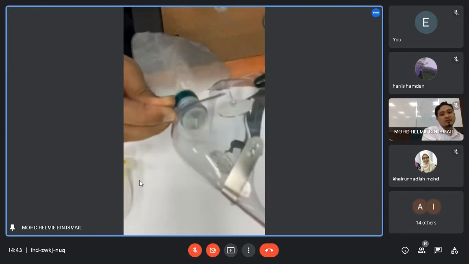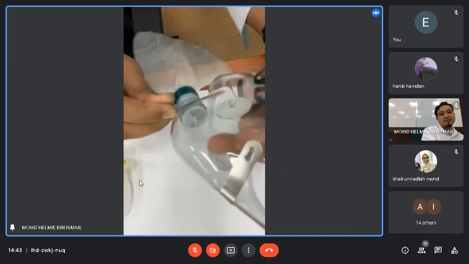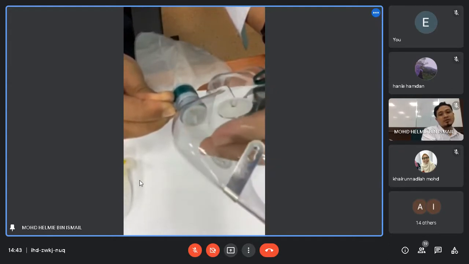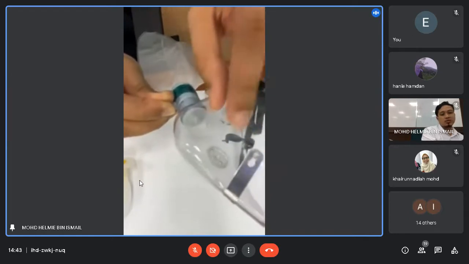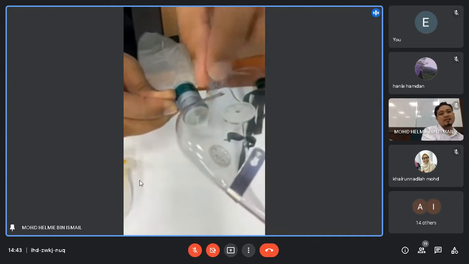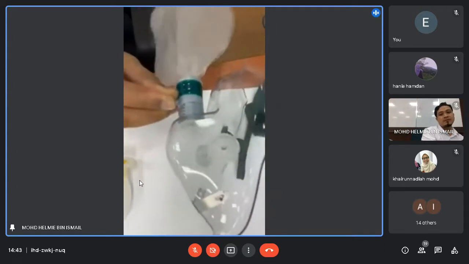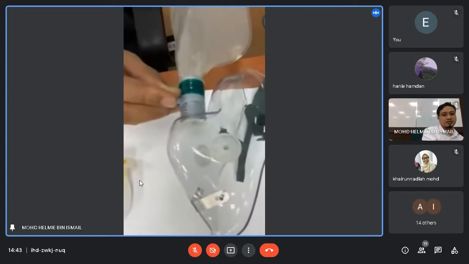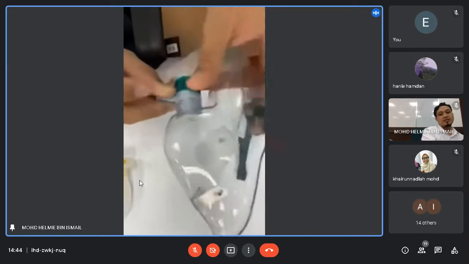So when you inhale, you will take all the oxygen inside the bag, and when you exhale, this one will close, and the air that you exhale will go out through this one way valve. Alright. So there will be no mixture in the oxygen reservoir. So you always give 100% oxygen to the patient because there is no mixture of oxygen with the room air.